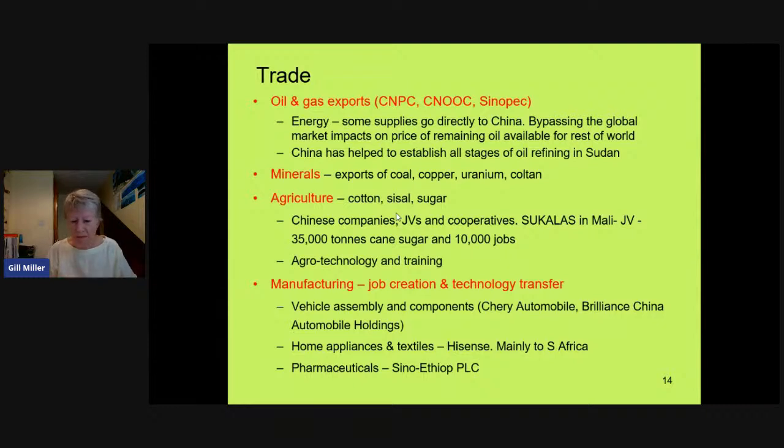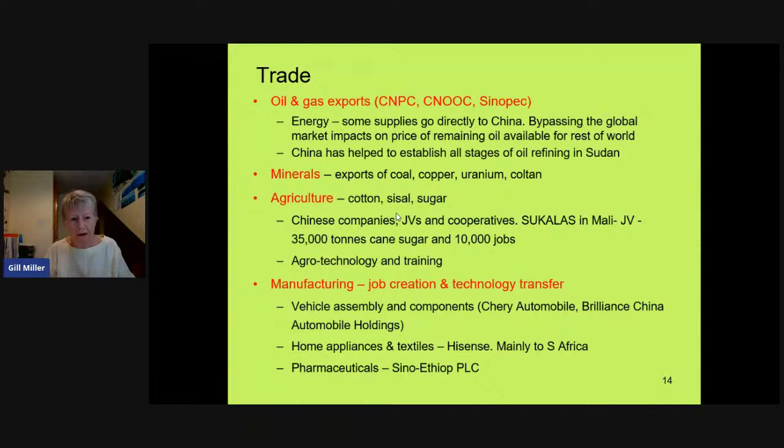So you probably know that from oil refining you get a multitude of things, pharmaceuticals, all kinds of plastics and so on, at different stages of the refining process. An example there, Sudan now has a fairly well established oil refining and processing industry, and that enables Sudan to make all sorts of other things.